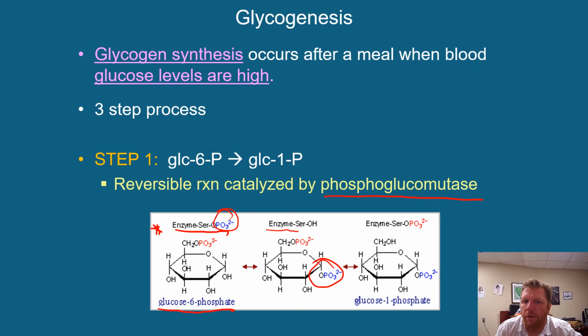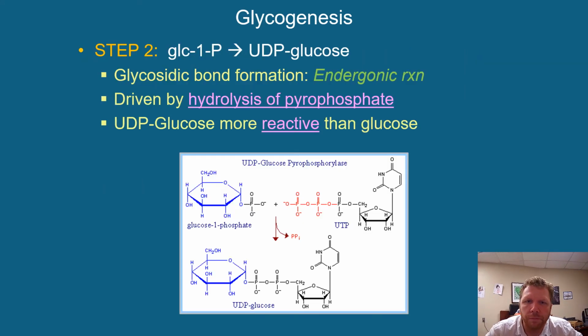So at one point in this process, our glucose is phosphorylated in 2 positions. Well, the enzyme has to replenish its phosphate, and what it does is it takes the phosphate group off of carbon number 6 to recover our phosphorylated enzyme.